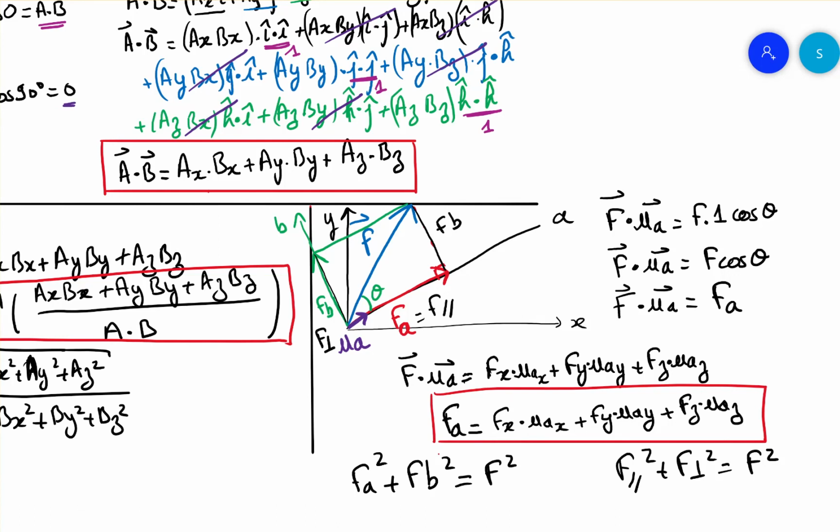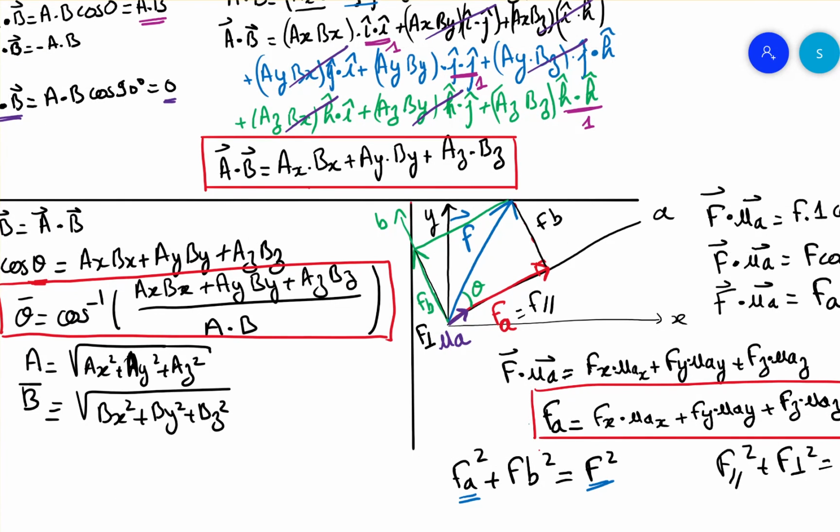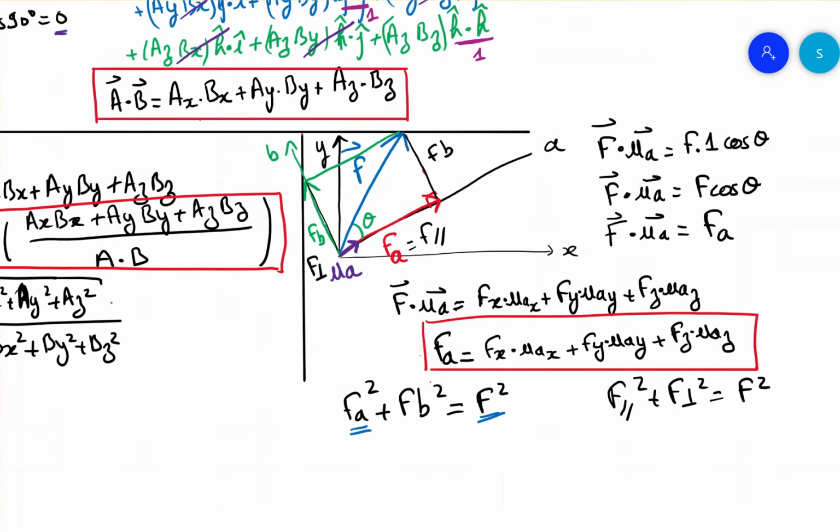So if what is given is FA, that we just found with the dot product, and F that we are able to find with the formula with the square root of each component square, and FB is the unknown. I try to use red for unknown and blue for given. We can write that FB square is equal to F square minus FA square.